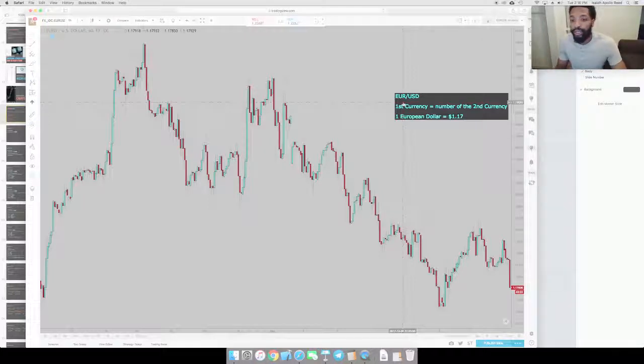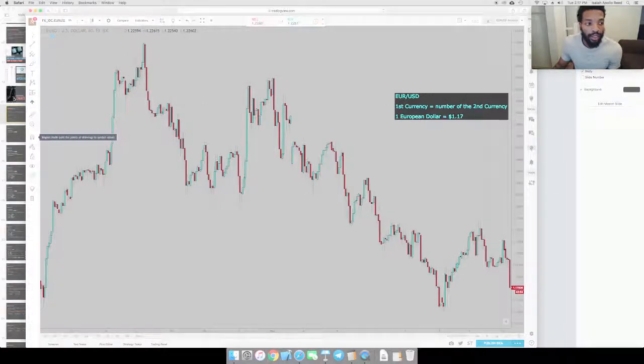So whatever the first currency is, 1 Euro is equal to whatever the exchange rate is right here. As you can see where the mouse is, it's 1.17. So that means 1 Euro is equal to $1.17 of United States dollar.